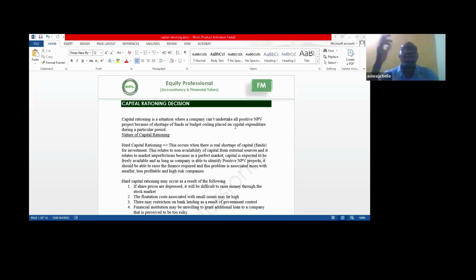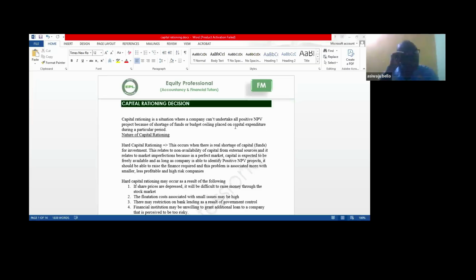Capital rationing can be defined as a situation where, because there is shortage of finance, we cannot undertake all positive net present value projects.